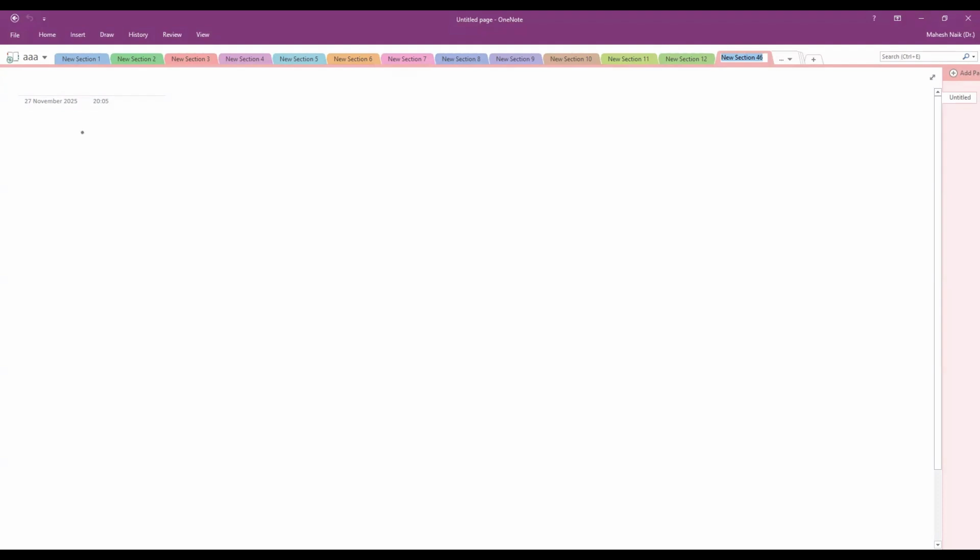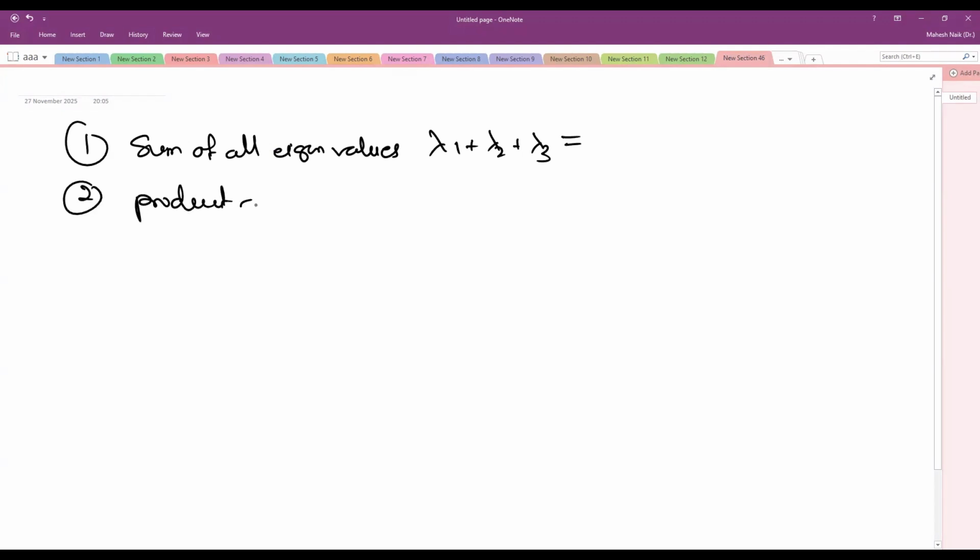The sum of all the eigenvalues, that's lambda 1 plus lambda 2 plus lambda 3 if we are dealing with a 3 cross 3 matrix, will be equal to the trace of the matrix, and the product will be equal to the determinant.